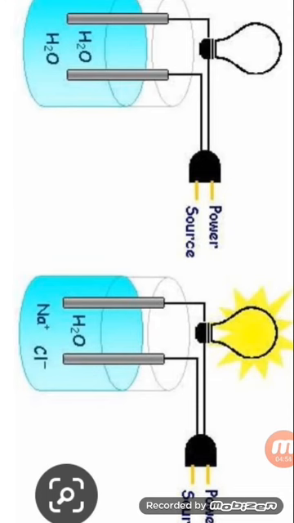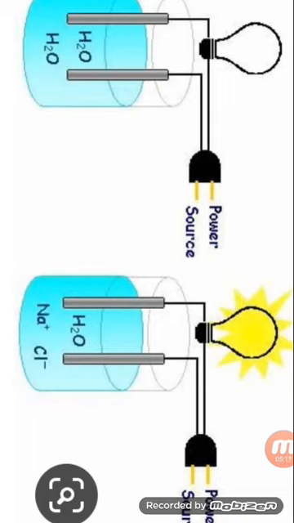Now in the next activity we are going to observe what happens when electricity is passed through distilled water and saline water. Saline water means water in which salt is added. So again we have to make a simple circuit like this, only we have to change the liquid in the beaker.